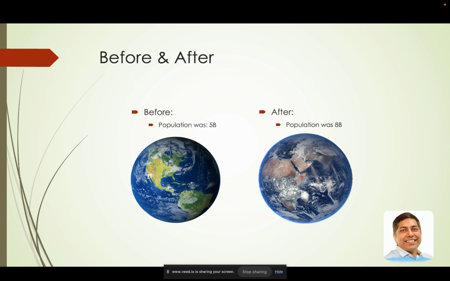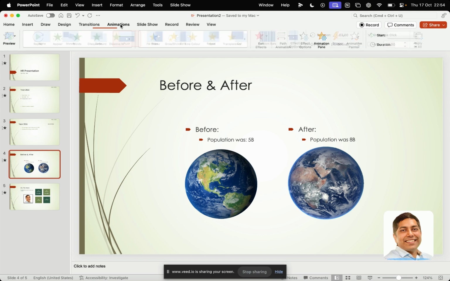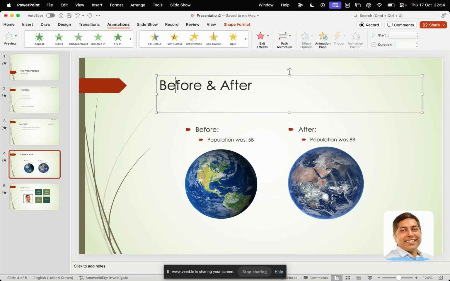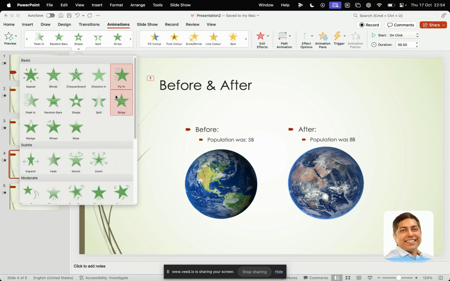So how do we animate this slide? How do we make the slide more engaging, right? That is where this particular animation section comes in handy. If I open this and select any part of the presentation, you can see, similar to transitions, a lot of options open up. For example, if I click this, it will show one type of animation for everything. A new sort of animation comes, right? Now you can also choose from a set of animations.